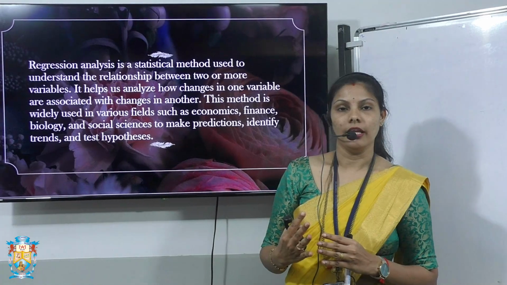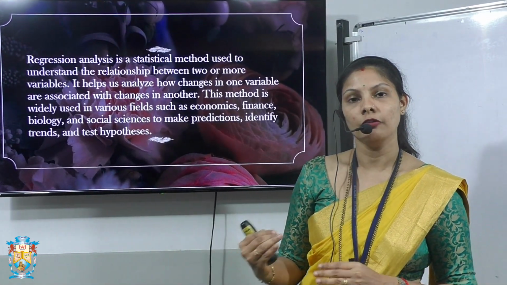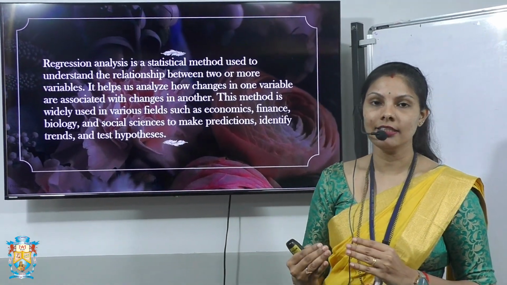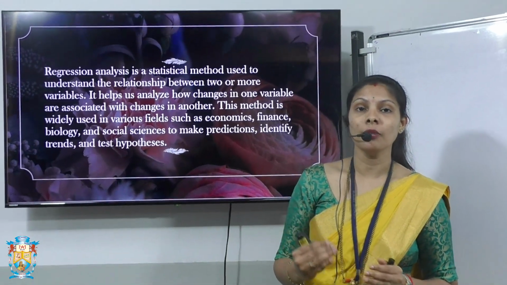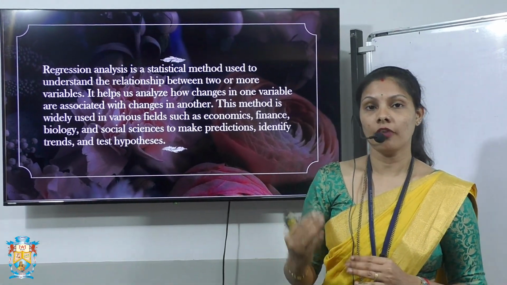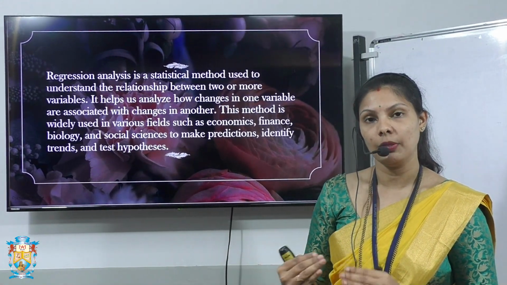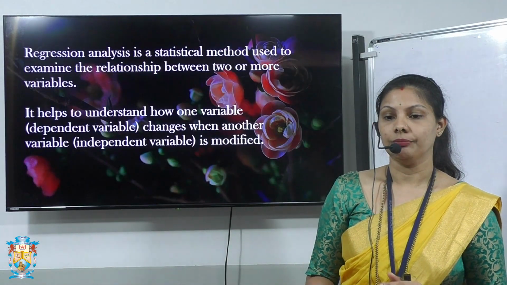For example, if you want to find how much money is needed to buy groceries, it depends on how many members are there in your family. So whatever the factors are, one variable depends on, and also affects, the other variable.